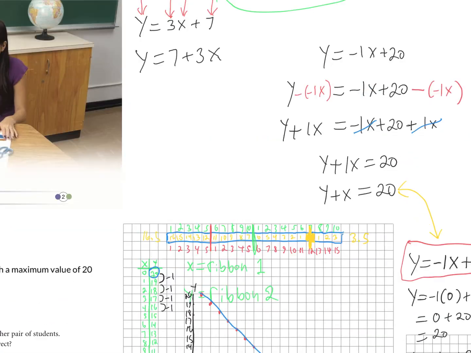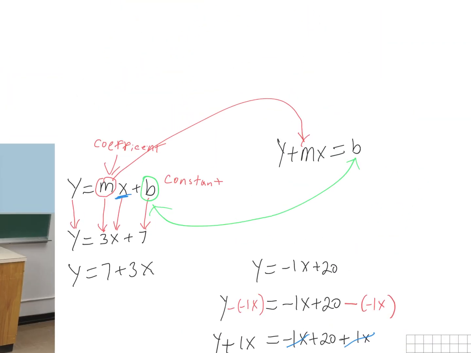So really, they're just saying that this can be rewritten as ax plus by equals c.